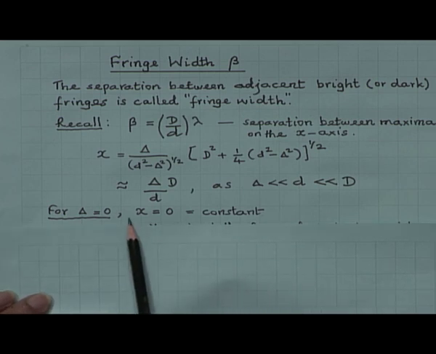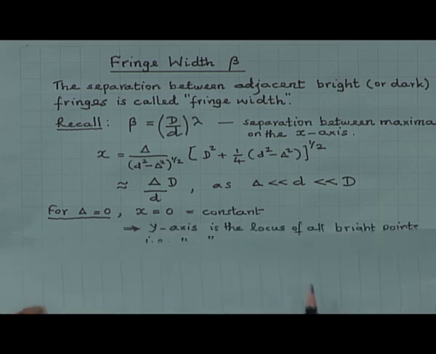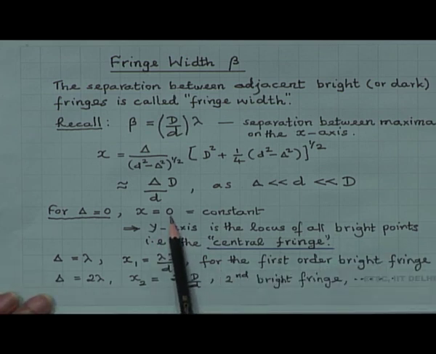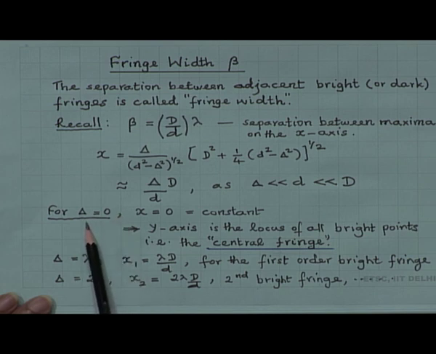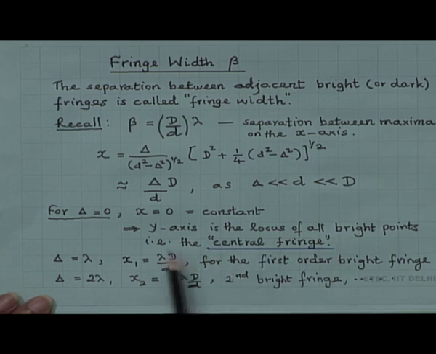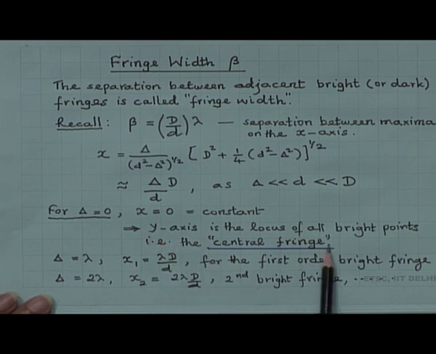The fringe is given by x equal to constant, the value of x being 0, which means the y axis is the locus of all bright points when the path difference delta is 0, and that is called the central fringe. So, the bright fringe along the y axis is the central fringe.